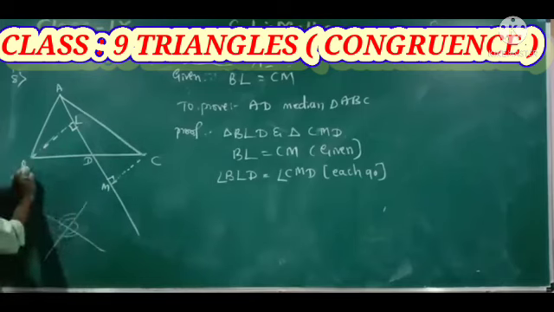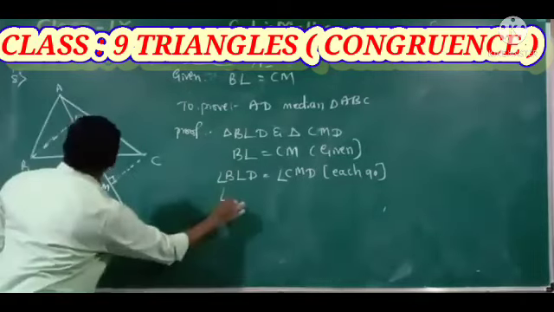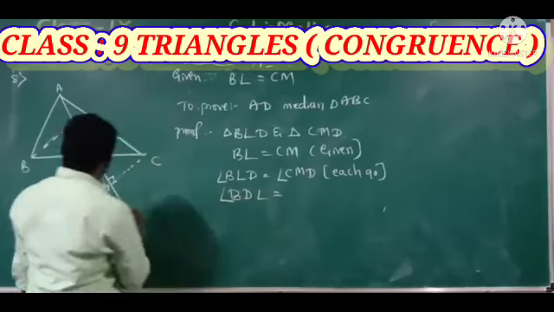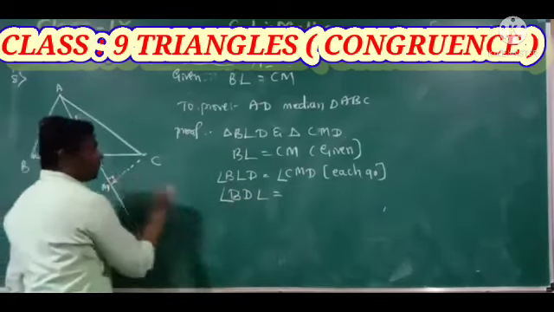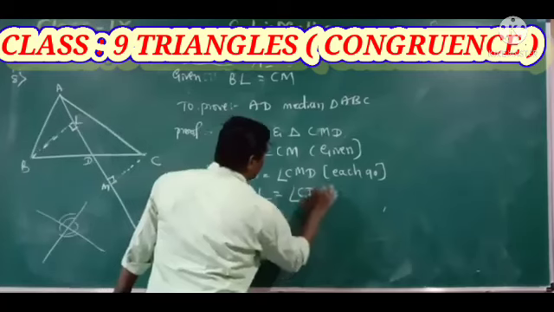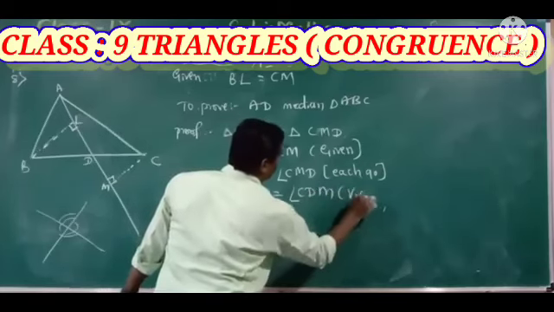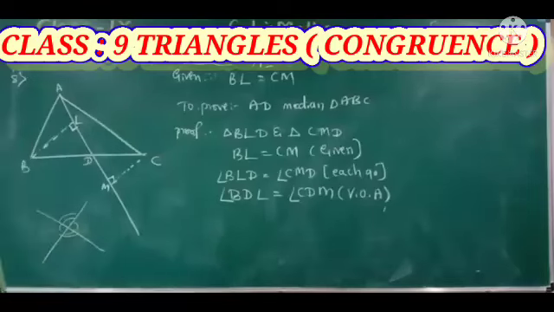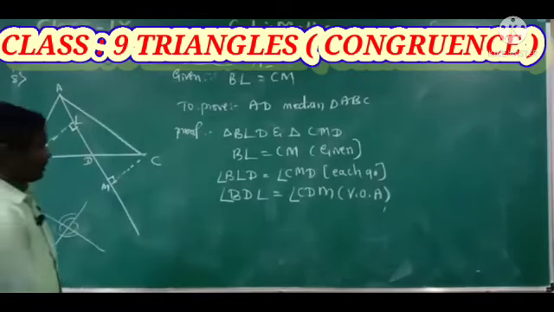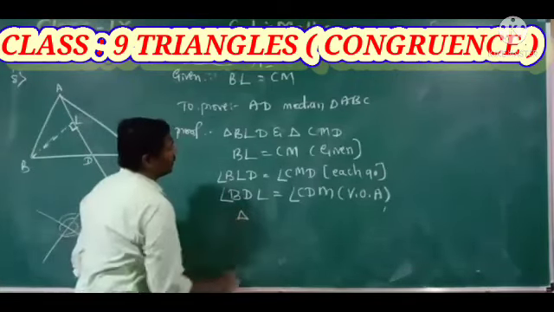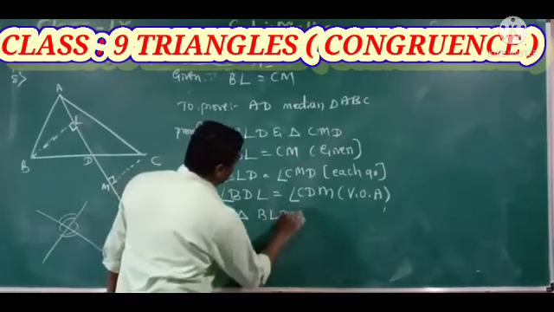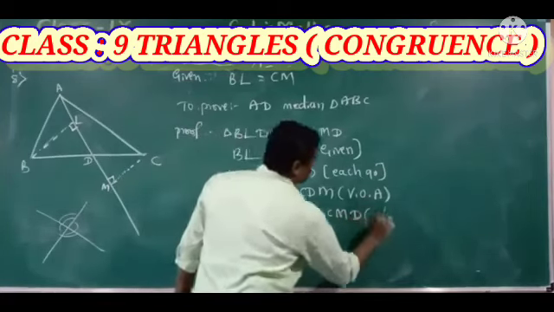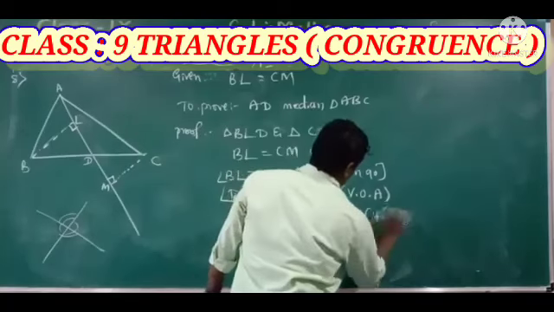So angle BDL is equal to angle CDM. These two angles are equal by vertically opposite angles. Therefore, triangle BLD is congruent to the triangle CMD by using the criteria AAS.